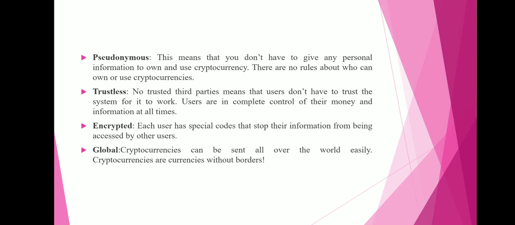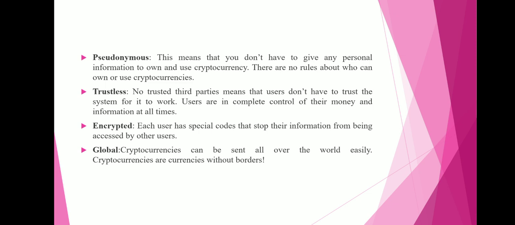The next property of cryptocurrencies is trustless. There are no trusted third parties. It means you don't have to trust the system for it to work; users are in complete control of their money and information at all times. Because there are no third entities in cryptocurrencies, this also makes them popular.